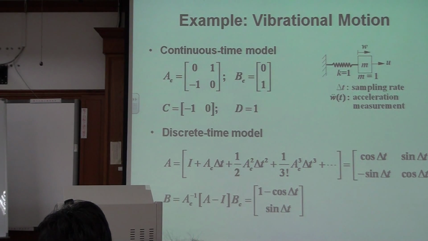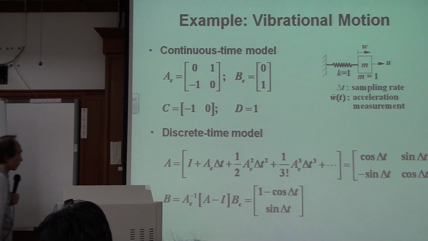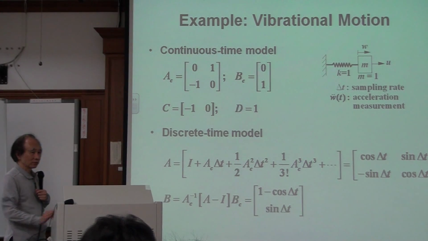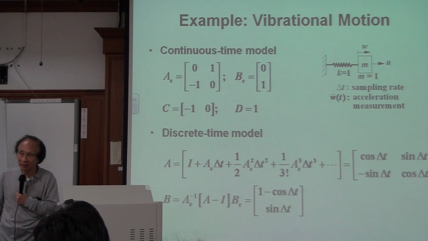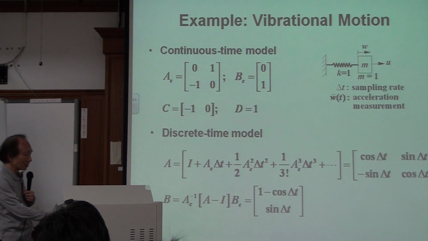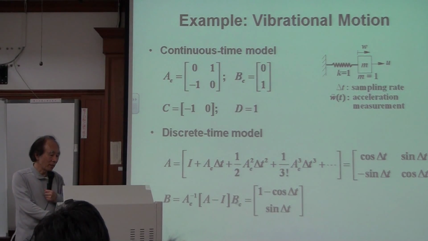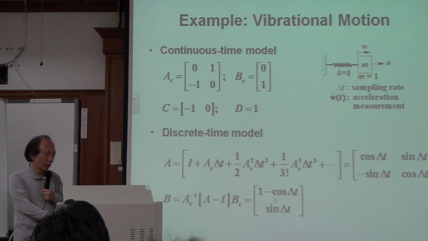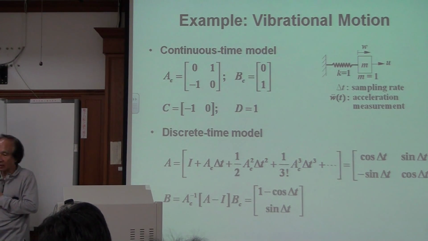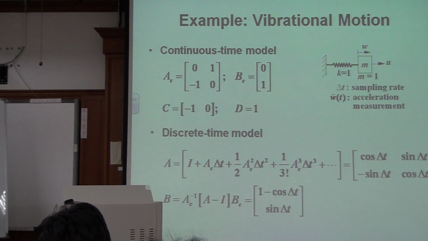That's my discrete time model for A. For B, because my Ac inverse exists, I can use Ac inverse to derive my B: Ac inverse times (A minus I) times Bc equals 1 minus cosine delta t, and then sine delta t. That's my B.